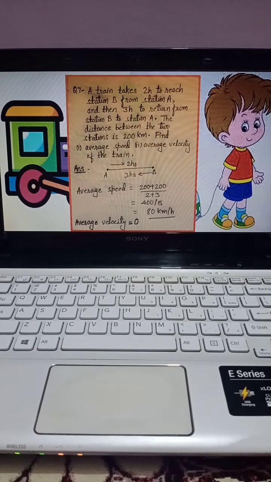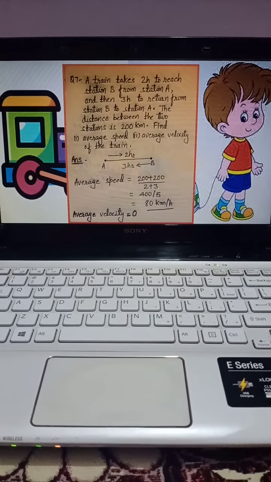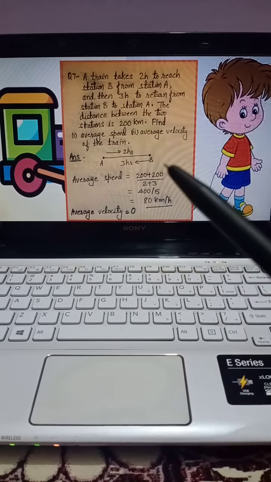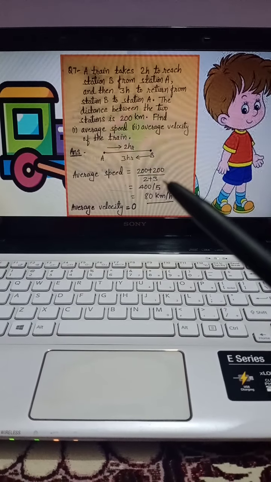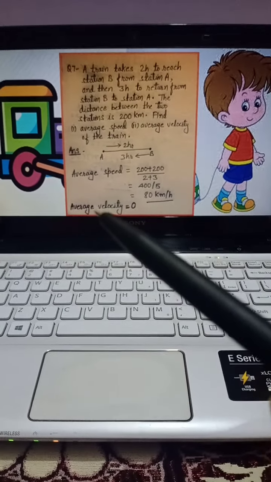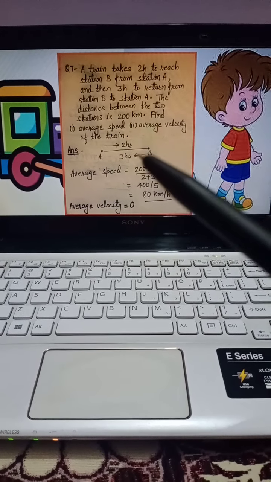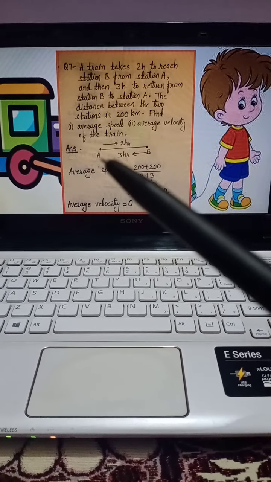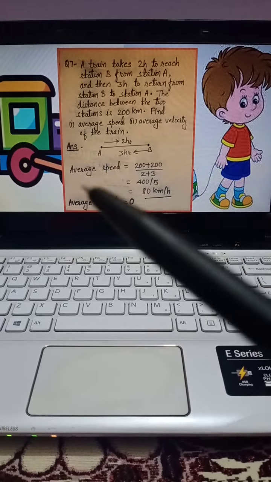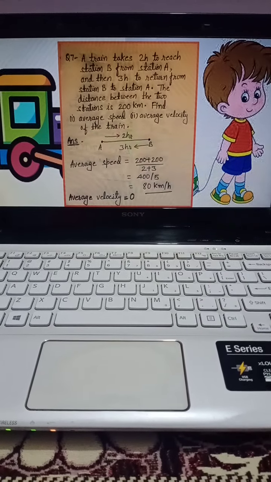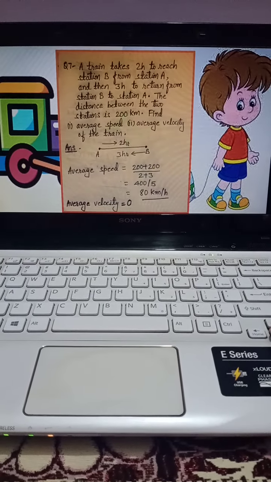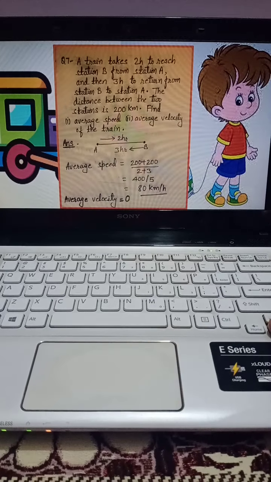Then in the second numerical we also found average speed using total distance by total time, and we understood that as the train returns to its original position, displacement becomes 0 and then average velocity becomes 0. In the second numerical we found out average speed and average velocity.